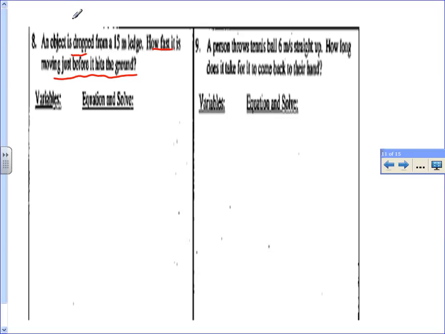So an object that's dropped means it has an initial velocity of 0. And it's going to fall from 15 meters all the way down to the bottom, so it's going to lose 15 meters. In all these instances, we're falling only under the influence of gravity, so our acceleration is equal to the negative 9.8 of gravity.